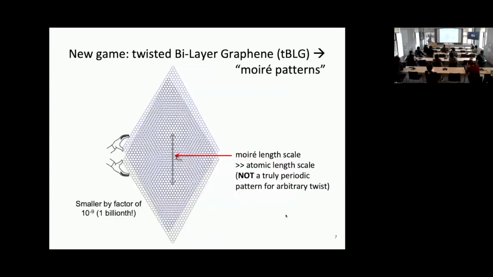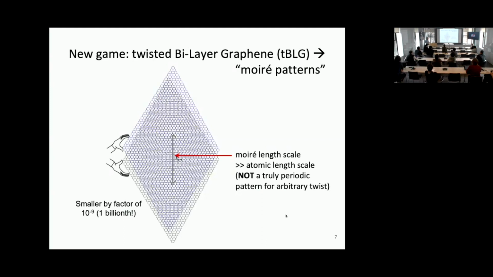A new game that appeared roughly 5 or 6 years ago was the idea of taking two of these layers, putting them on top of each other, and twisting by a small amount. This creates a different length scale, much, much larger than the atomic length scale of the underlying atomic lattices. And in fact, in most situations, it is not a truly periodic system.